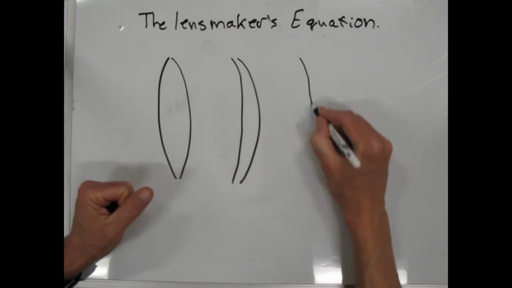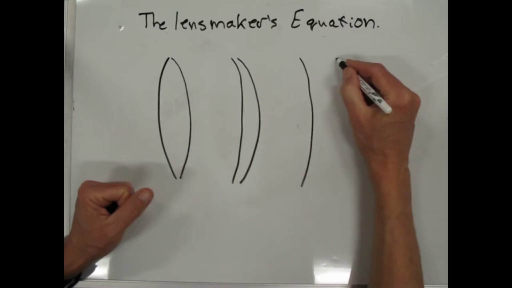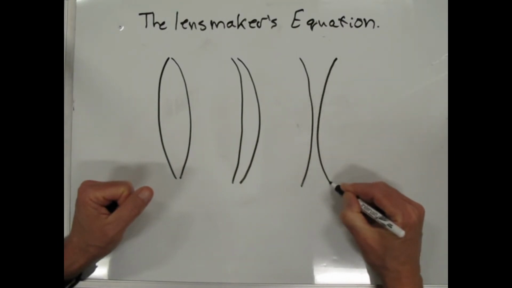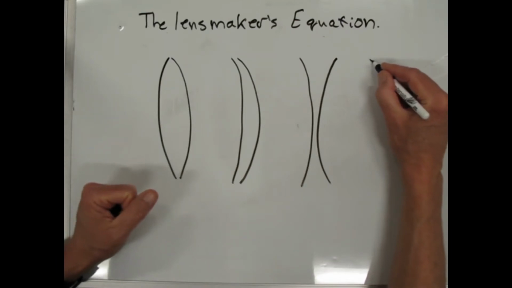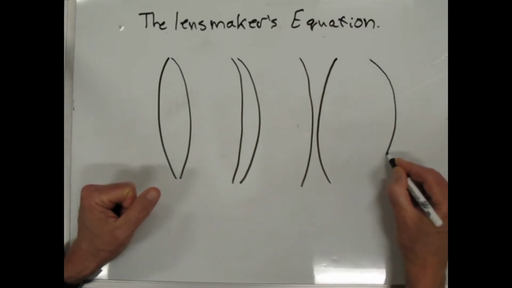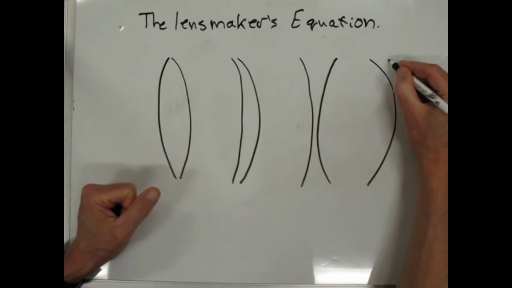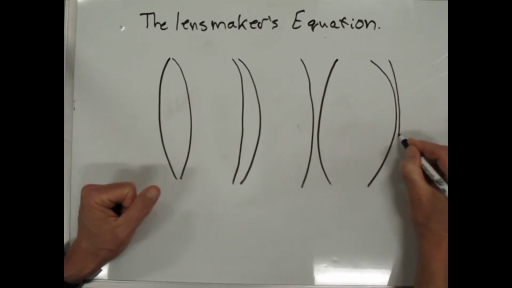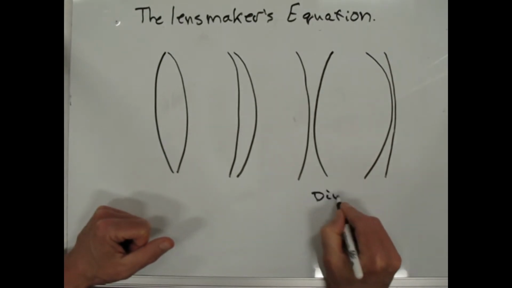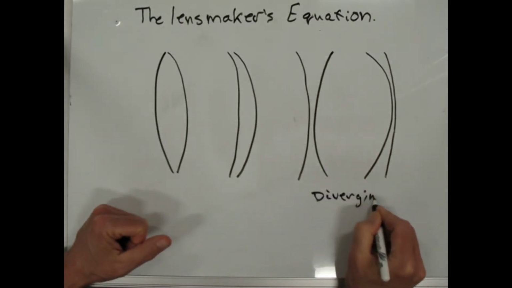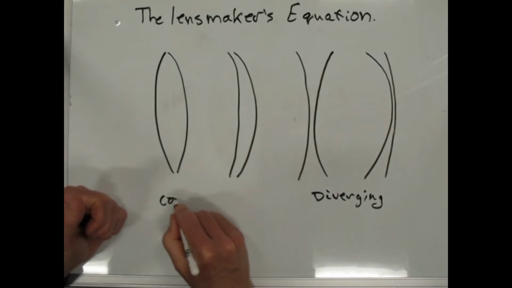And then here's a diverging lens, and let me make another diverging lens that you might see in a pair of eyeglasses. So both of these are diverging, and both of these are converging.